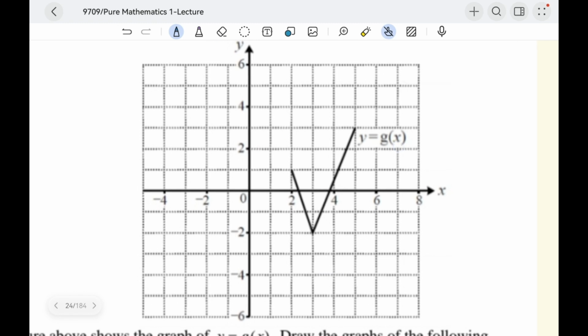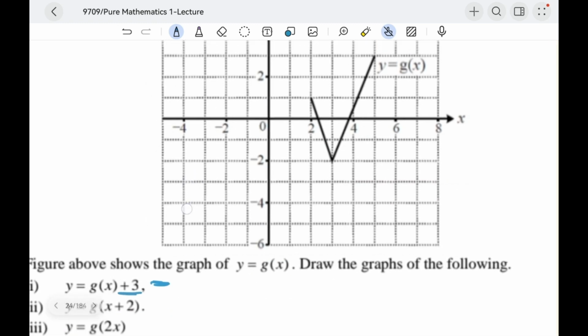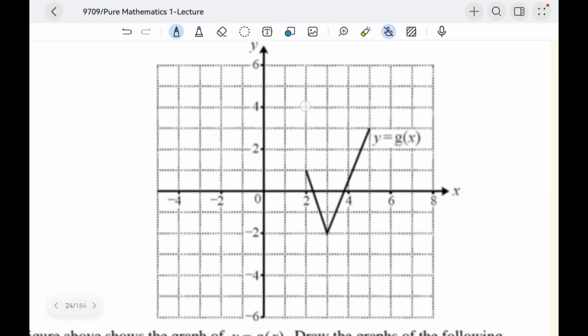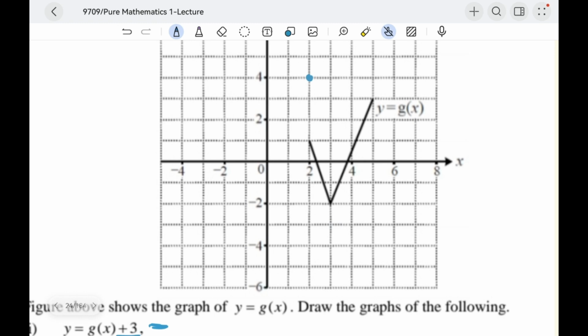So here is your point. Let's say this point is (2, 1). You increase the coordinate by 3. So 1, 2, 3, over here. Meanwhile, for this, increase by 3 as well.